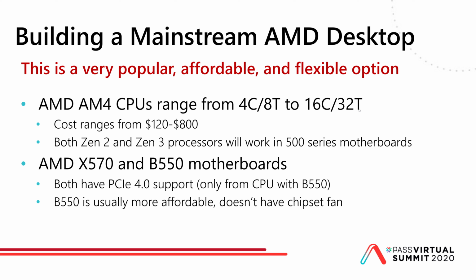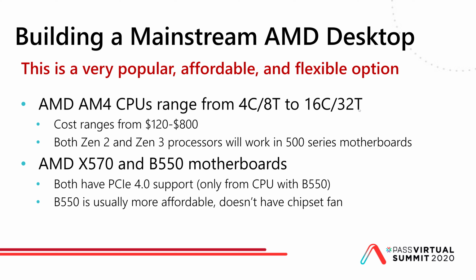Socket AM4 CPUs go all the way from 4-core 8-thread all the way to 16-core 32-thread in the same types of motherboards. And the cost of those processors goes from about $120 for the bottom of the line up to about $800 for the top of the line Zen 3 16-core 32-thread model.